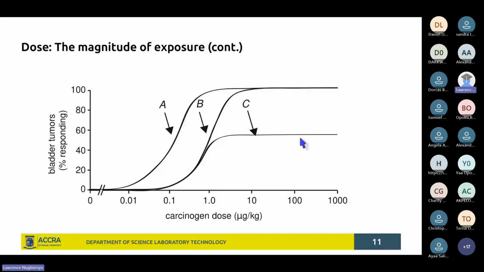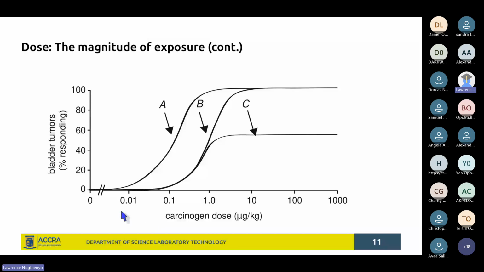So if we compare substance C to B, you see both B and C have the same potency, because it is at the same concentration that they begin to cause the toxic effect, but C has a lesser toxic effect than B and A. And so C has less efficacy than A and B. But C has the same potency as B. So these are also some concepts that you want to keep.